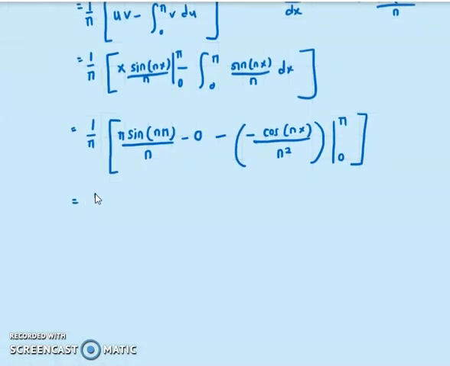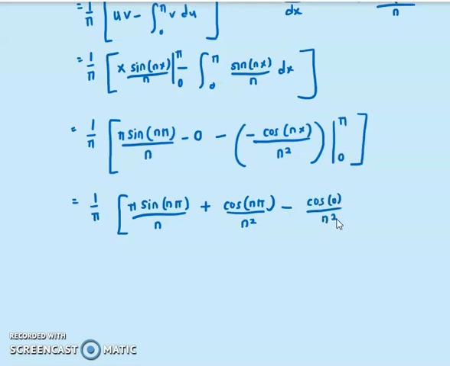Now simplify this, 1 over pi, pi sine n pi over n. This will become positive. So we have cos n pi over n squared minus cos 0 over n squared.